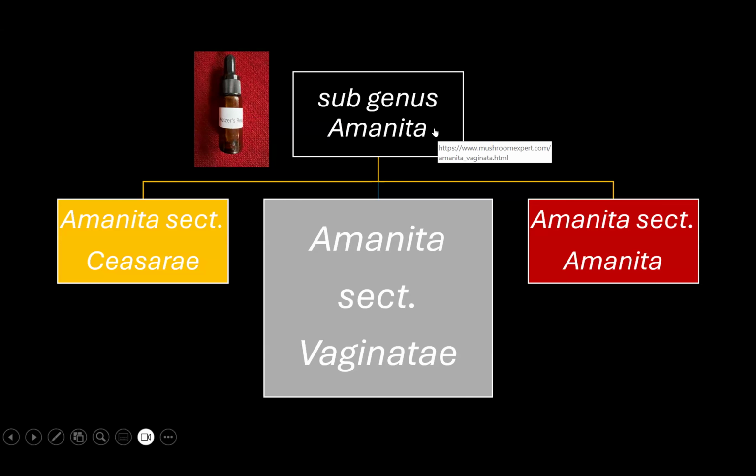And it's my understanding now that Amanitas have been divided into three subgenera. This is kind of old school, but at any rate, your Amanita section Vaginatae should be inamyloid. The spores should not react, should not turn blue with Melzer's.